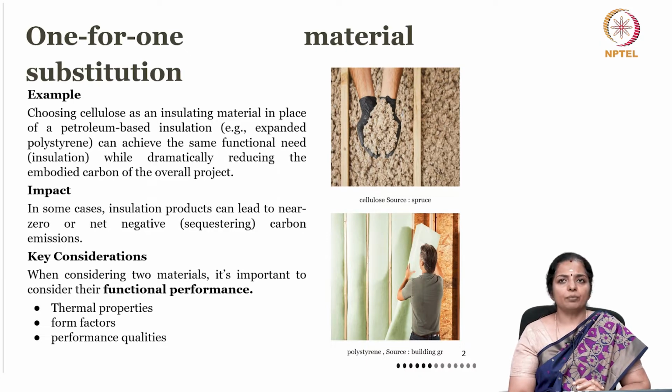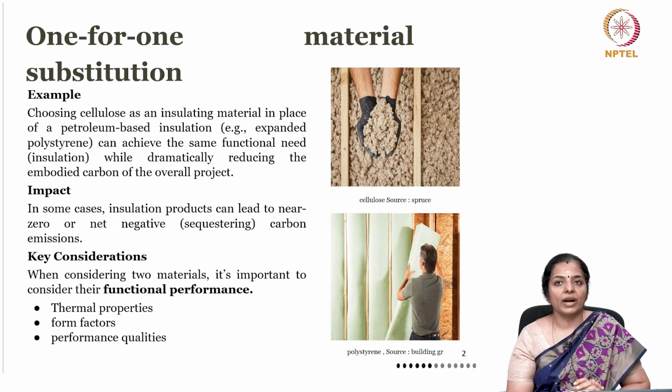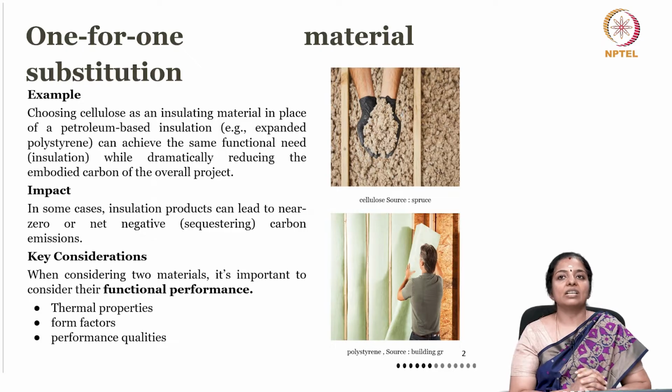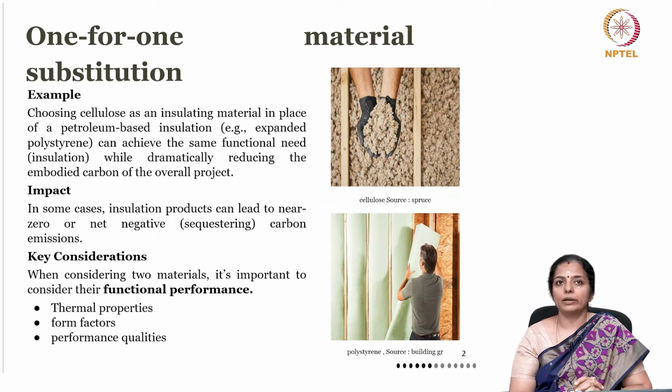For insulation products, this includes their thermal properties like R value, as well as their form factors like blown product or rigid board or batt and other performance qualities, whether they also provide an air barrier or resist fire or repel pests. Pest repellent is an important criteria.